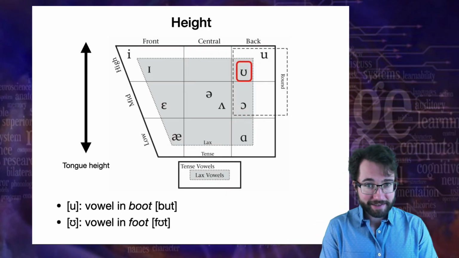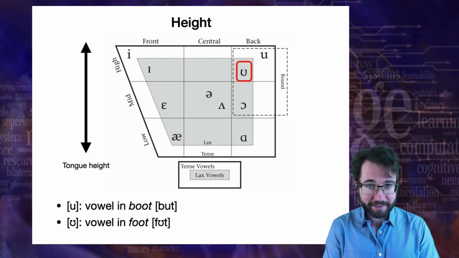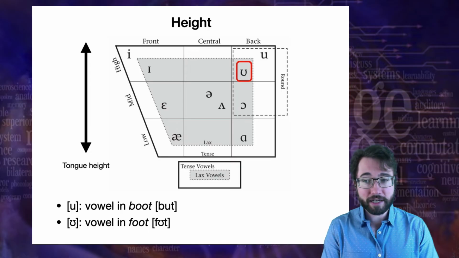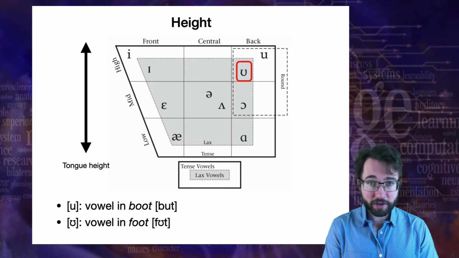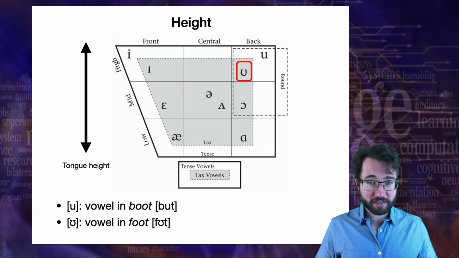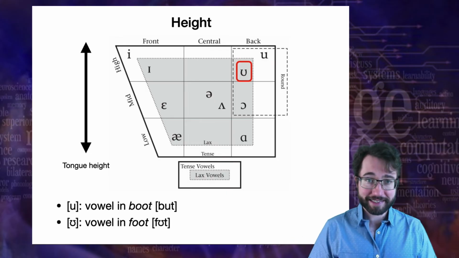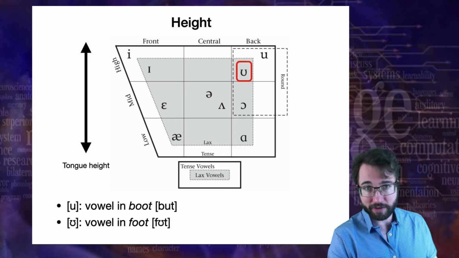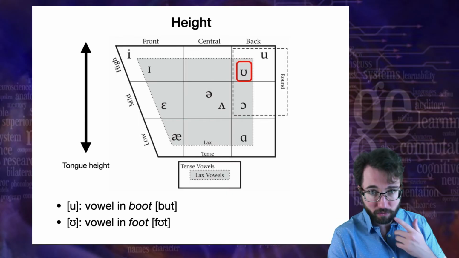Its lax pair, its lax cousin here, is the vowel as in foot or book. It's the same thing as oo, but just moved in a little bit, so it is lax. And again, it's rounded. You have book. Notice that when you say book or foot, your lip is rounded.